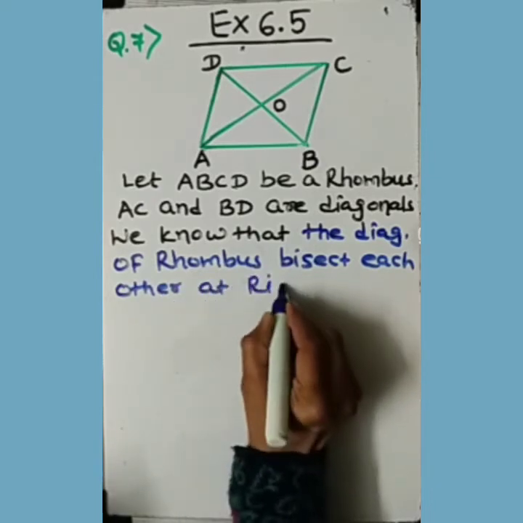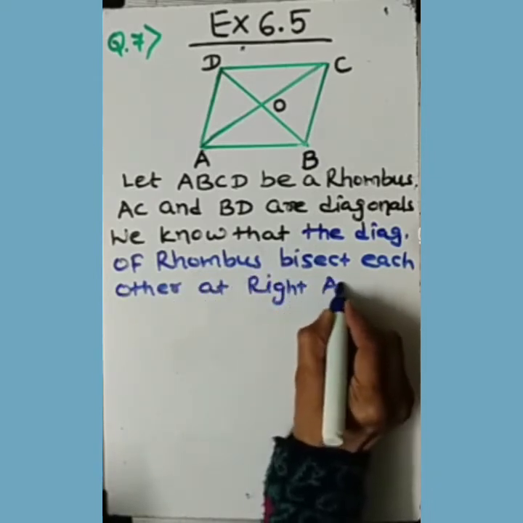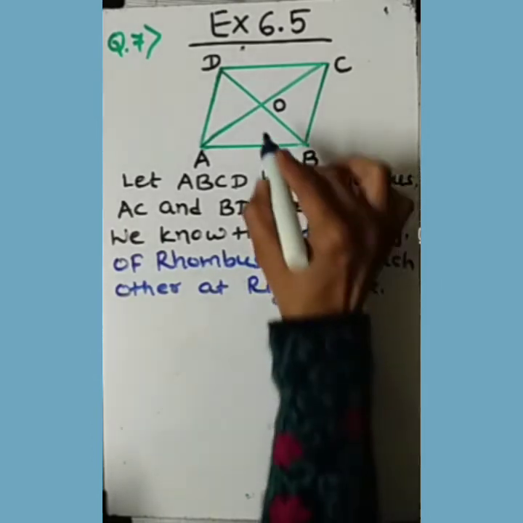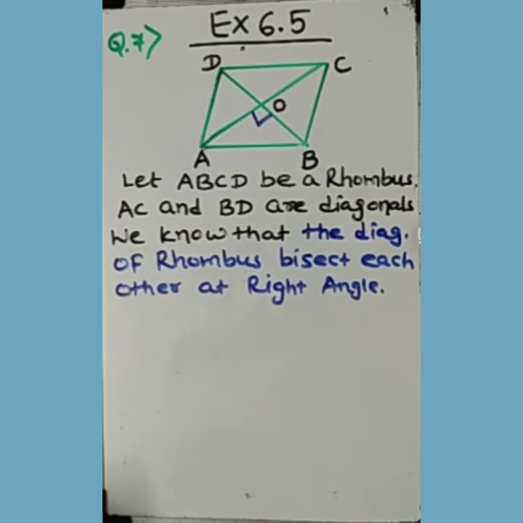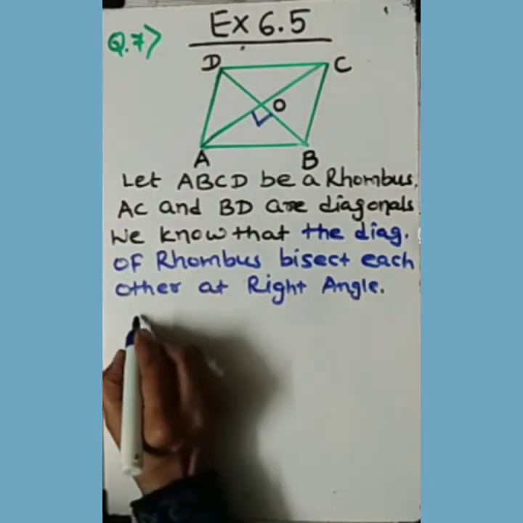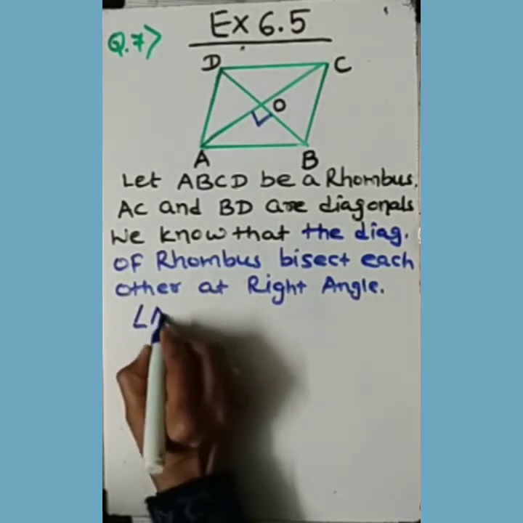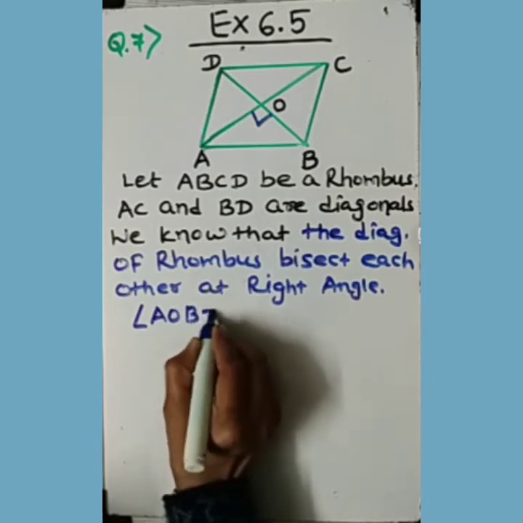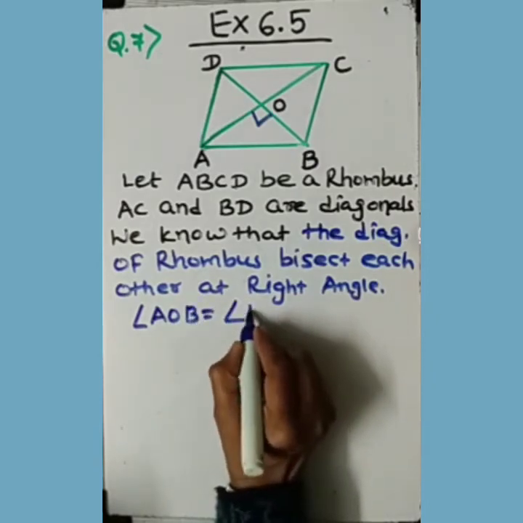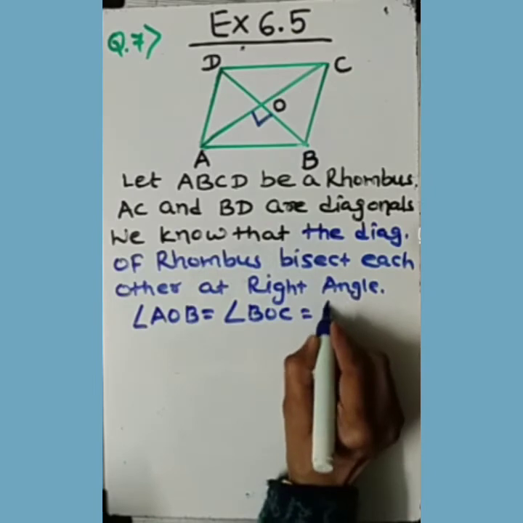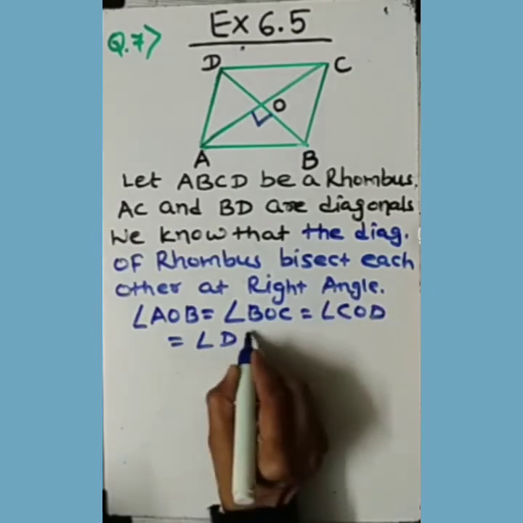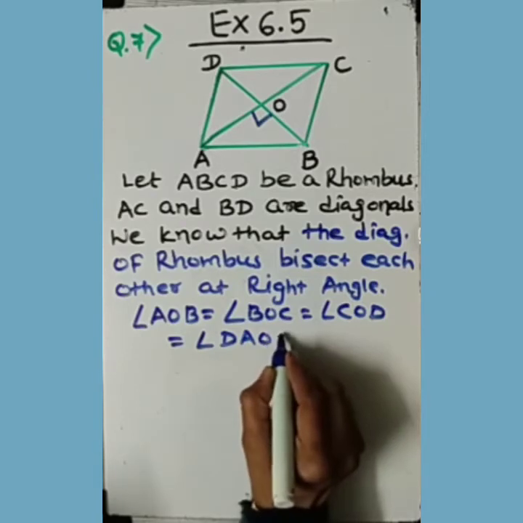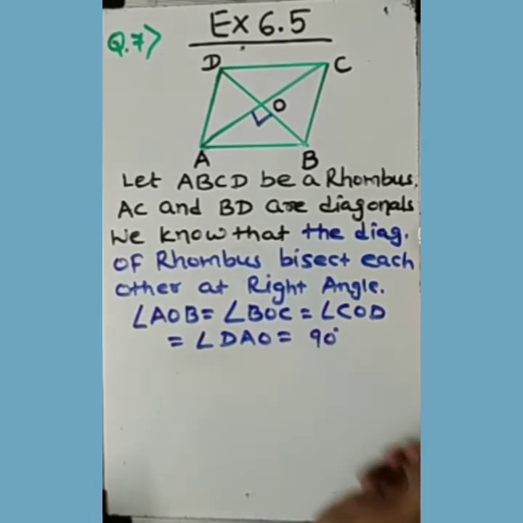At 90 degrees means at right angle. This is a very important result. So they are forming 90 degrees over here. So angle AOB equals angle BOC, which equals angle COD, and of course equals angle DOA, which is equal to 90 degrees.